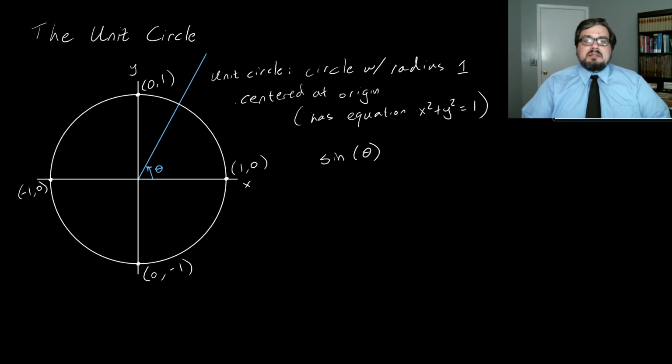And what we did last time is we defined the sine or cosine of an angle based on points that lie on this blue line in terms of the x-coordinate, y-coordinate of that point and the distance from that point to the origin. Well, whenever we draw out the terminal side like this, this side is definitely going to intersect the unit circle at some point x, y, corresponding to theta.